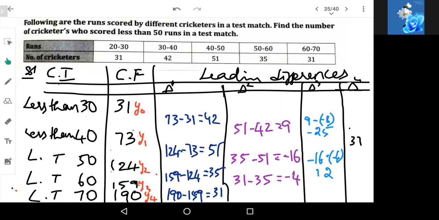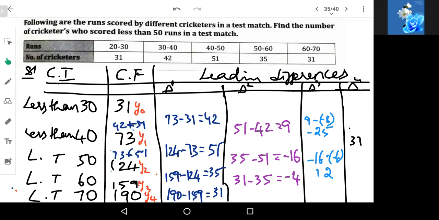Now, how did you get this 73? 42 plus 31, then 73 plus 51. We have added the frequencies that are given to us. 31 plus 42 is 73, 73 plus 51 is 124, 124 plus 35 is 159, 159 plus 31 is 190.